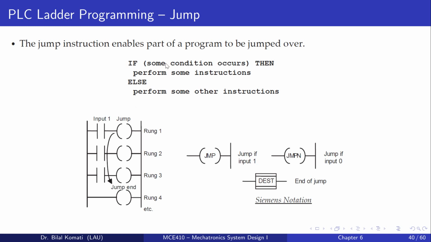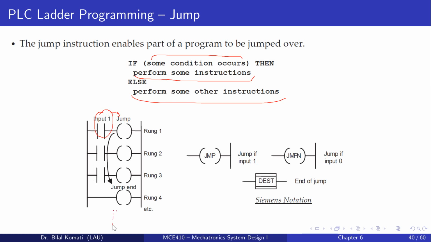This means if some condition occurs in the program, then perform some instructions, else perform some other instructions, like any if-else condition in a normal programming language. If we have a certain input one here, we have a jump, and the jump can be represented similar to an output, so the program will jump to the end or to a certain destination.